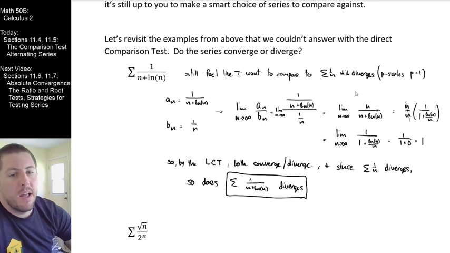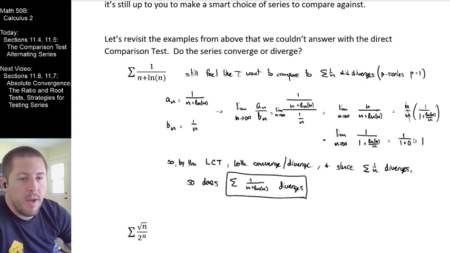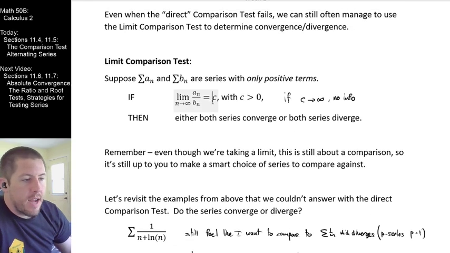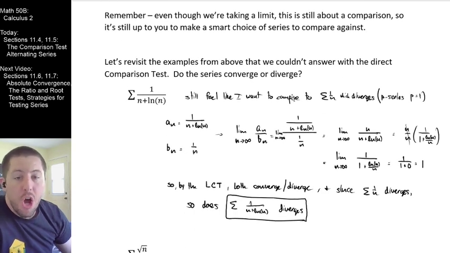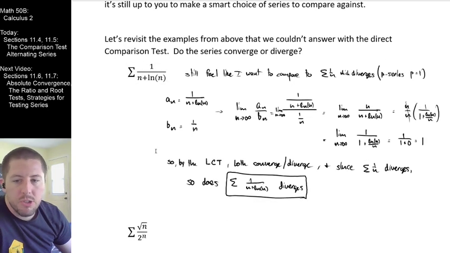We found that the limit of the ratio of the terms from the two series went to 1. And since it went to a positive constant, either both series converged or both series diverged. I know that the harmonic series diverges, therefore this must also diverge. That was our ultimate conclusion there.